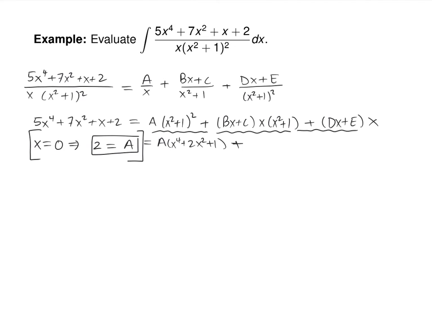Here I can't do it too fast or I'll make a mistake. bx plus c times x cubed plus x. And then dx squared plus ex.